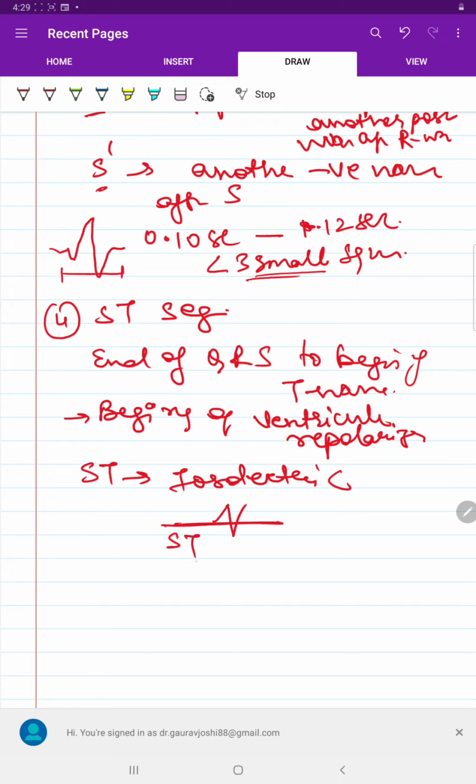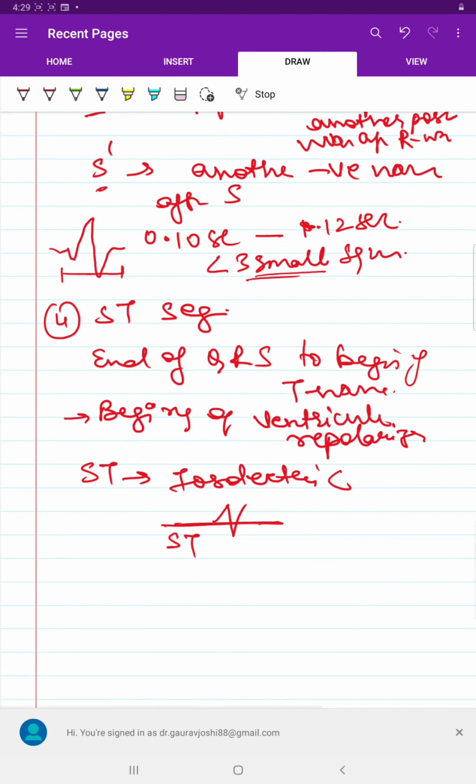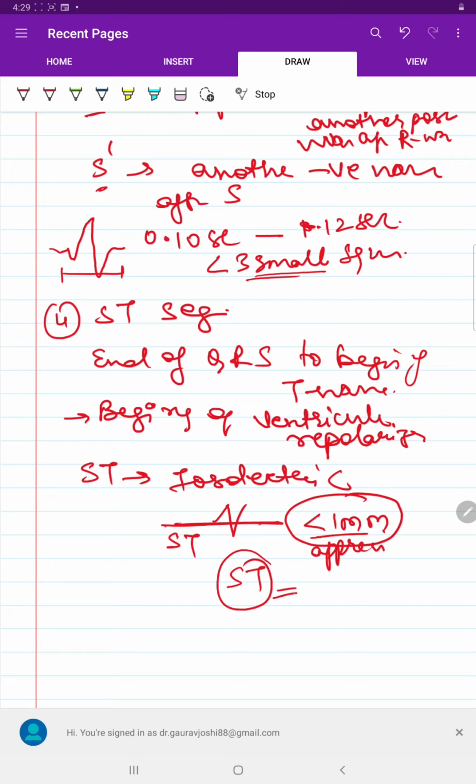It is the baseline. Sometimes a little deflection of less than 1 mm may be appreciated, but it should be less than 1 mm. If there is more than 1 mm deflection in the ST segment, there are chances of abnormality. The most common we see is ST segment elevation in MI. So we need to know the normal values.